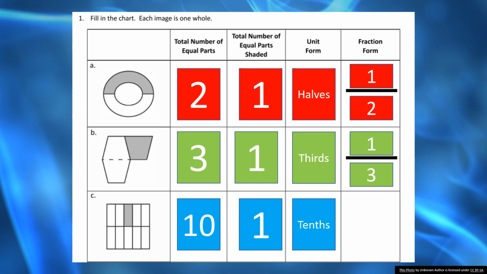Now we're going to write the fraction that we see that's shown in the figure. So we have 1 out of 10 pieces that are shaded, which is 1/10. Now, go ahead and pause your video to make sure that you have the information written down correctly for the model in letter C.